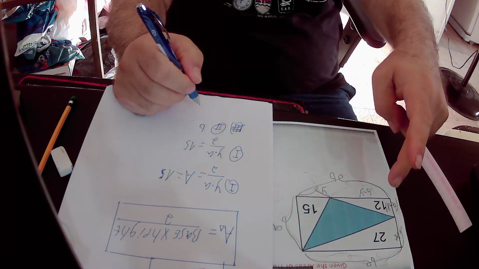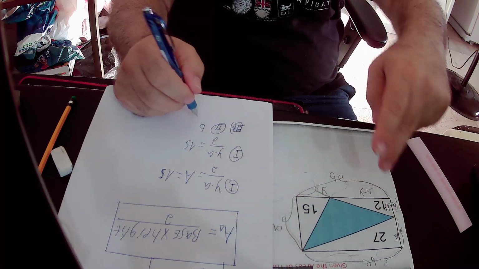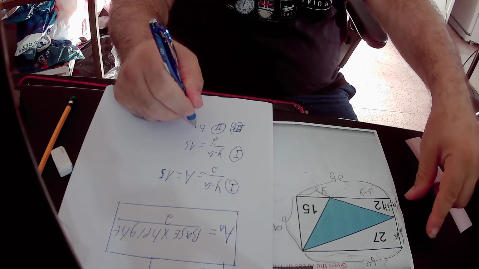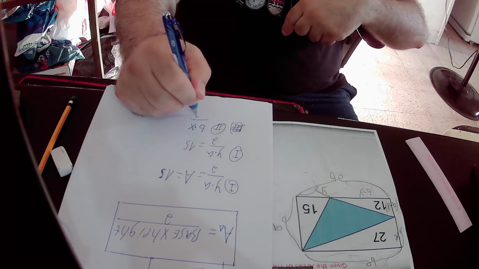B is the base of the triangle, times the height of this triangle, that is x, divided by 2.